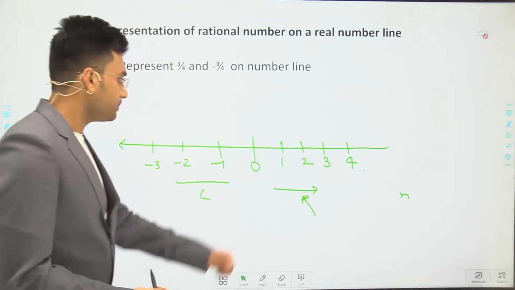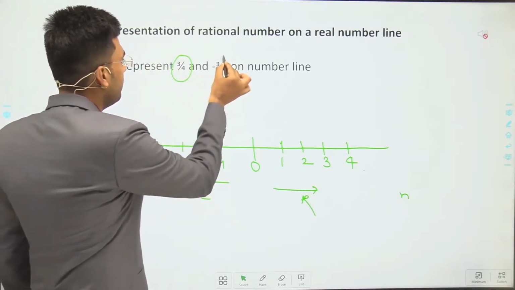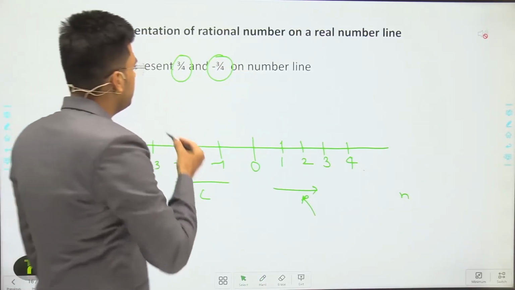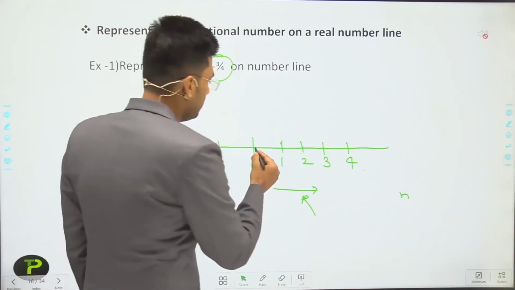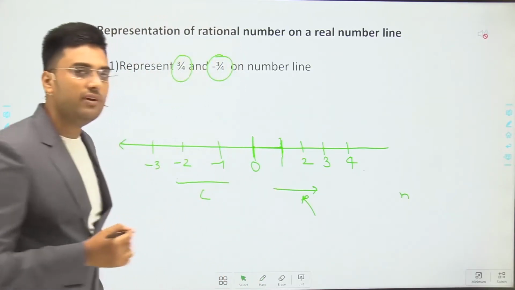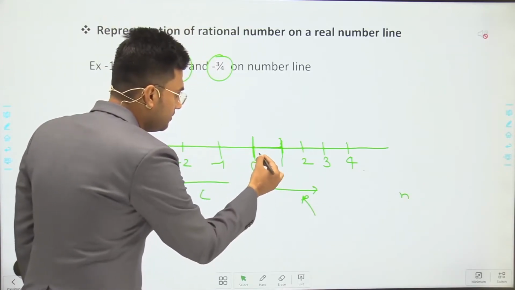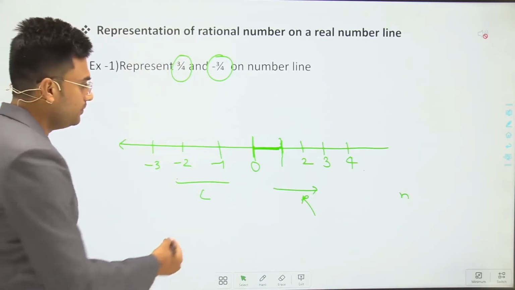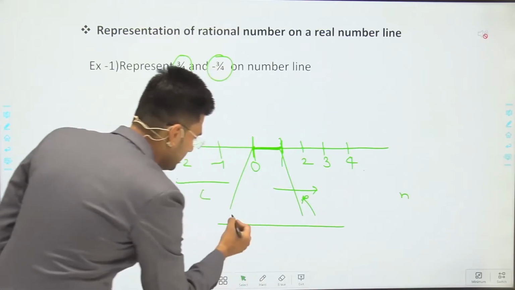Now we have to plot 3 by 4 and -3 by 4. We see that 3 by 4 comes between 0 and 1. So what we have to do, we divide this portion 0 and 1 in 4 equal parts.